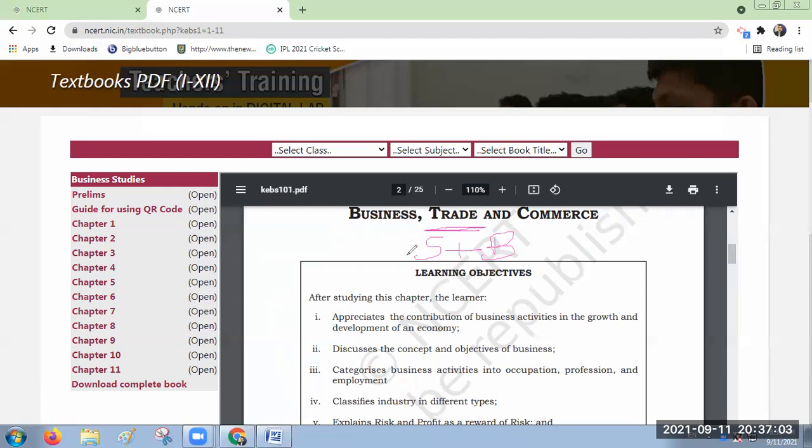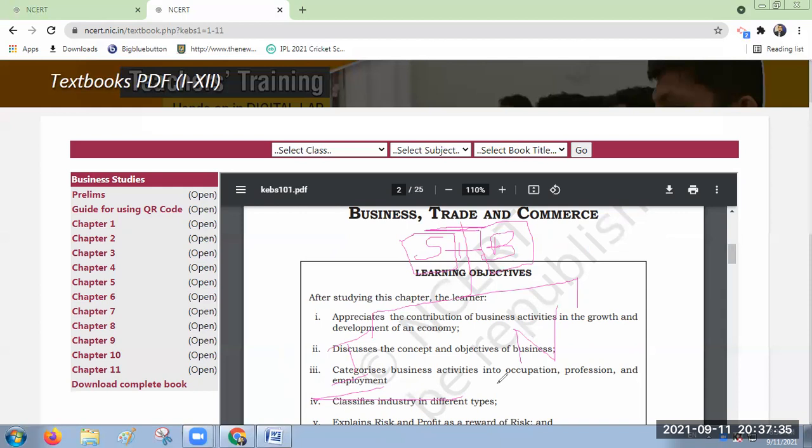In the previous example, you are the seller, I am the buyer, the purchaser. Trade may be classified into two major types. One is international trade, second one is national trade. International trade means purchasing and selling between two or more countries.